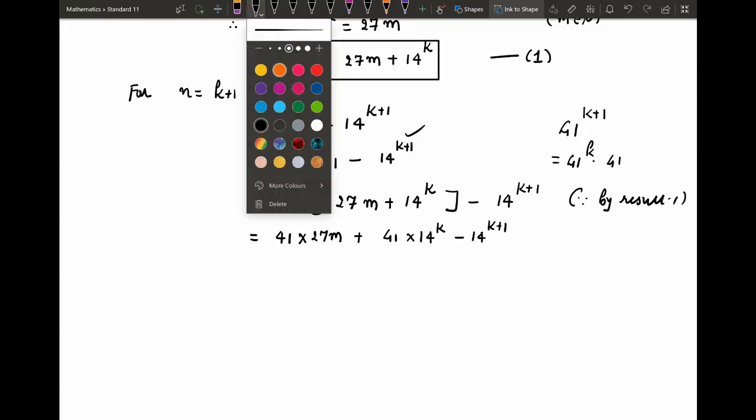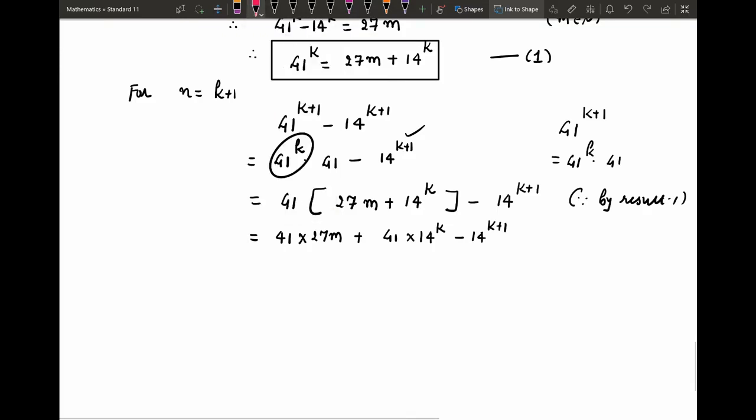Now from the last two terms we take 14 raised to k common, so into bracket 41 minus 14. This is as it is, 41 into 27m.